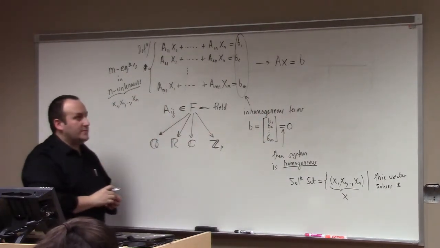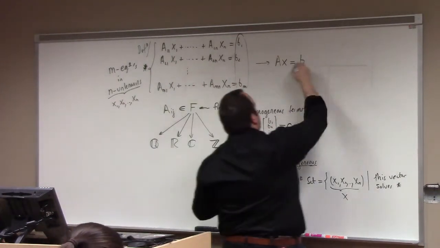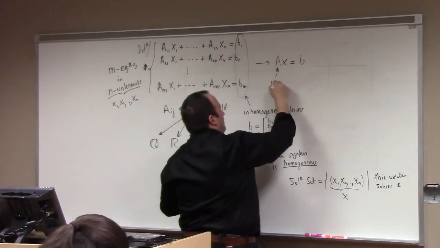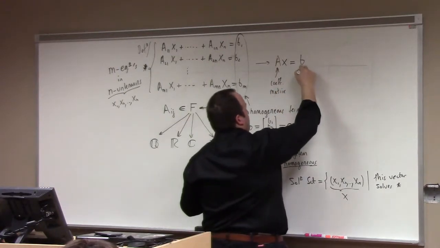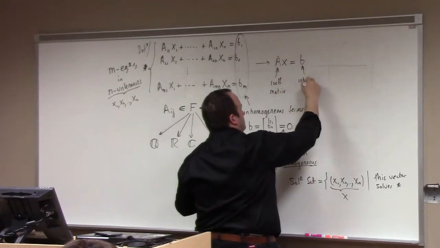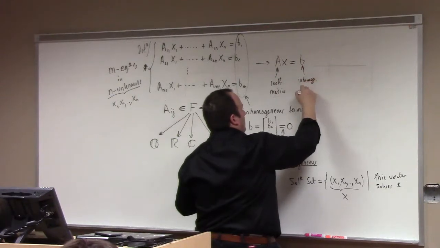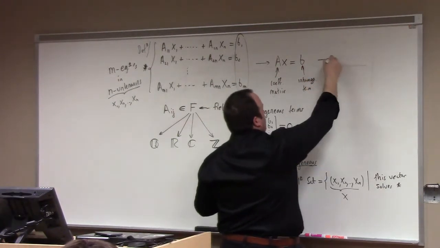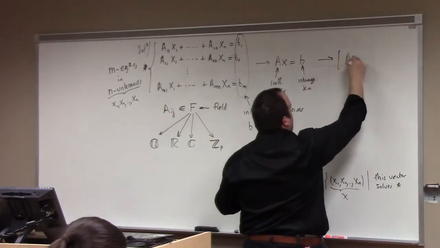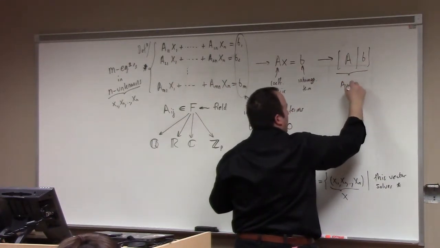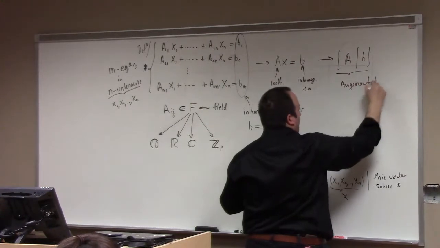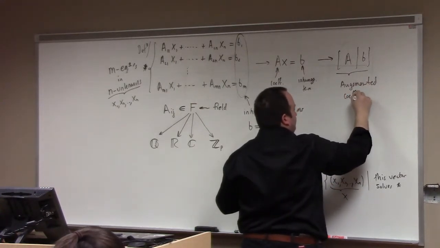It's pretty nice. But nicer still, this is the coefficient matrix, and this is the inhomogeneous term. Then the augmented coefficient matrix is A with b, like this. This right here is the augmented coefficient matrix.